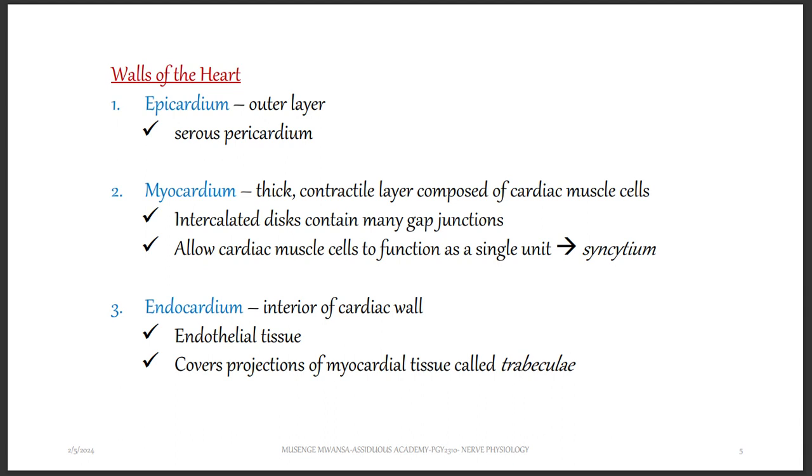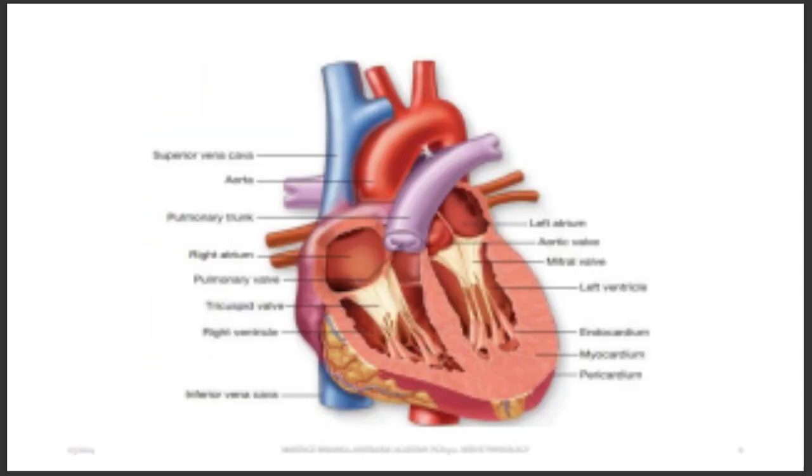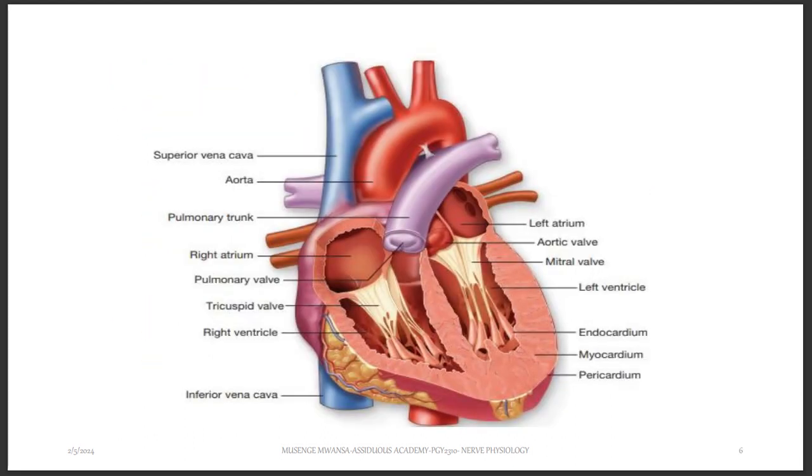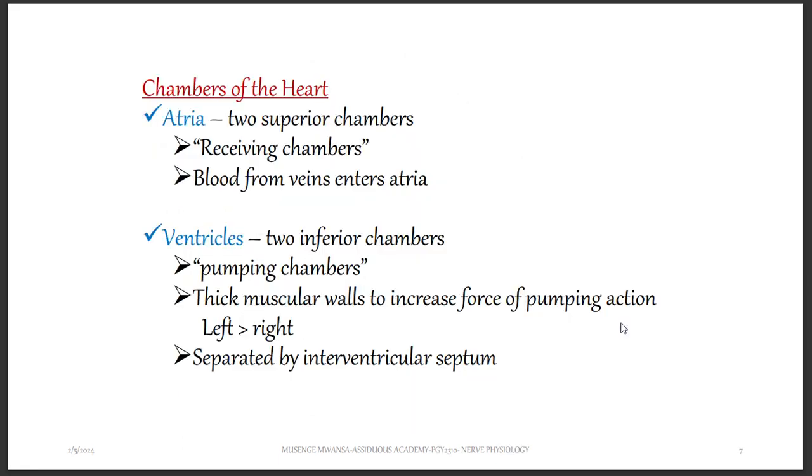The myocardium is the muscle layer, made up of cardiac muscles, which forms the syncytium. This is just showing the layers: pericardium, myocardium, which is very thick, and then the endocardium.